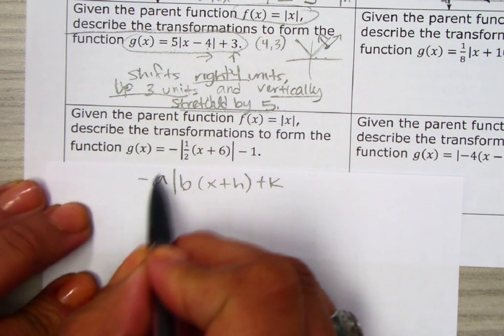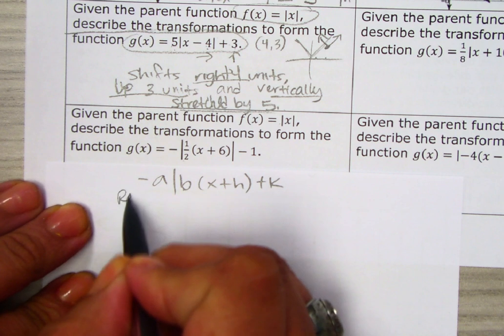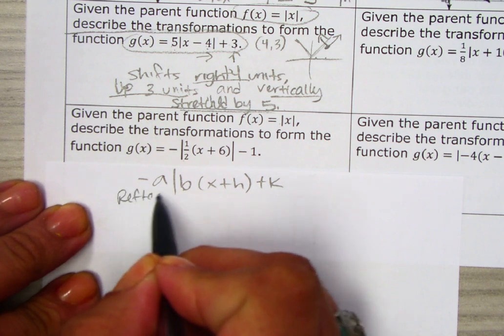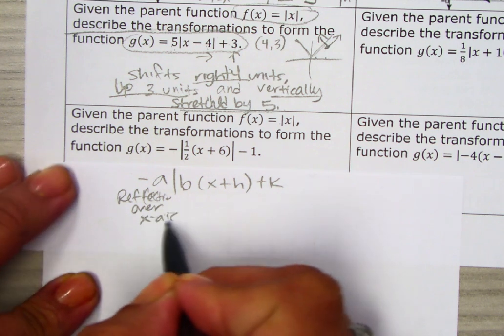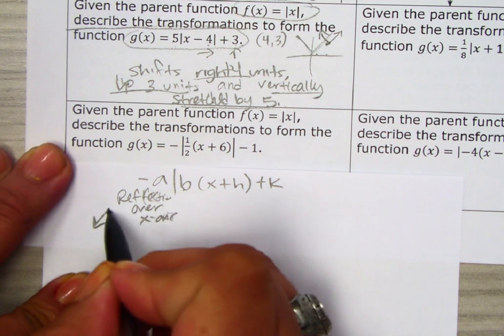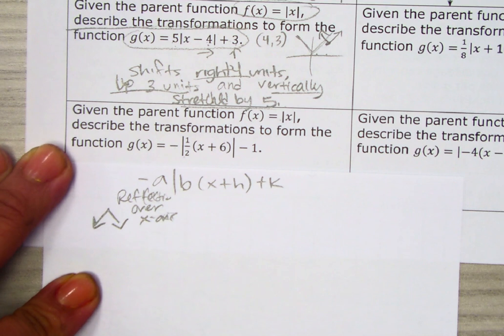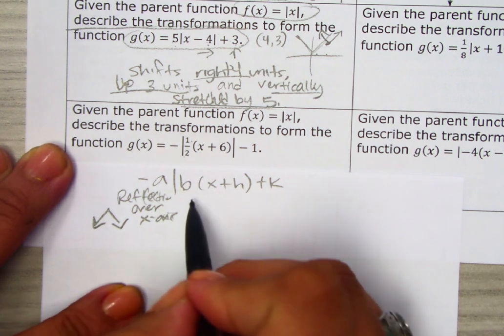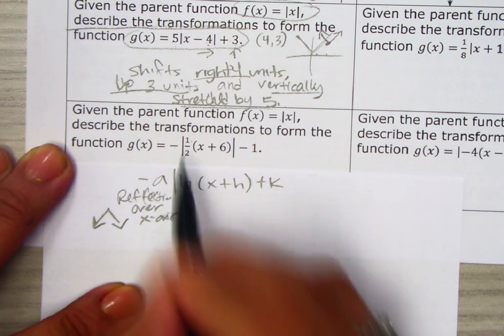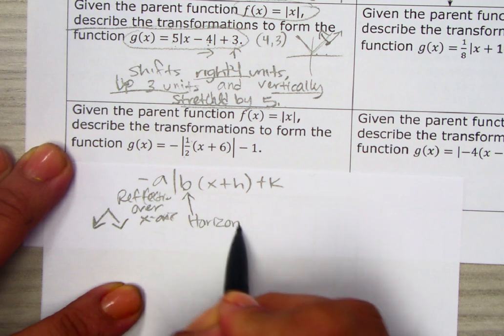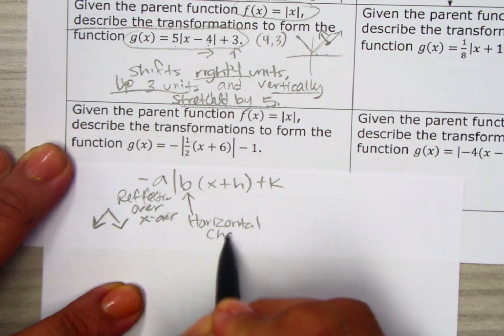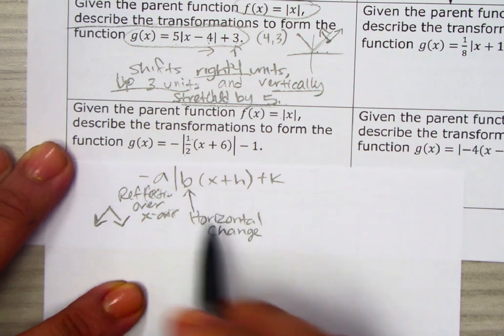So that negative in the front, we said that was going to be a reflection over x. That means that it's going to look down. It's going to flip it. If the b value is going to be there, we're going to talk about this as a horizontal change, either a stretch or compression.